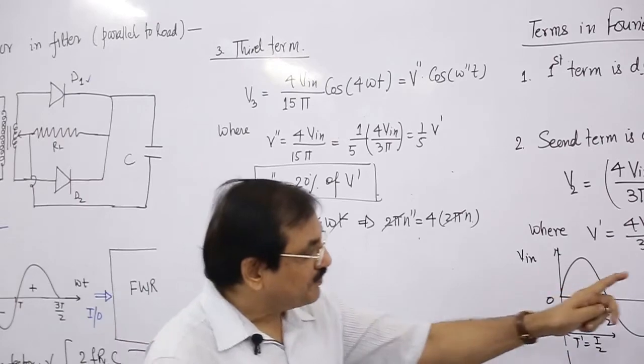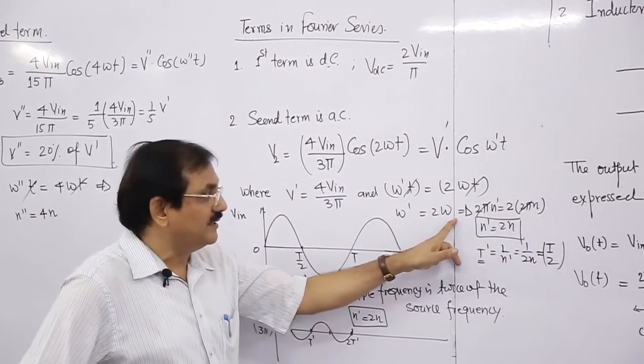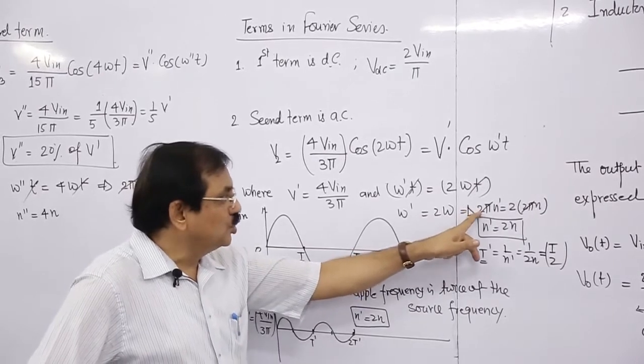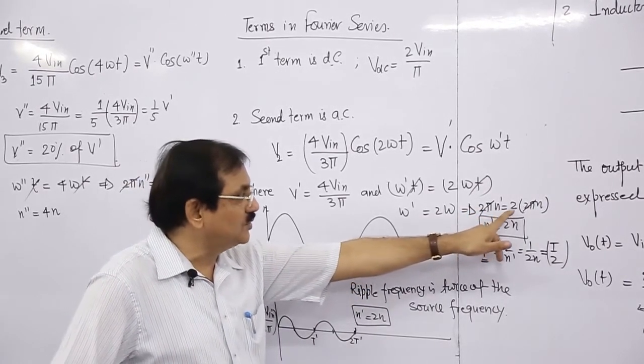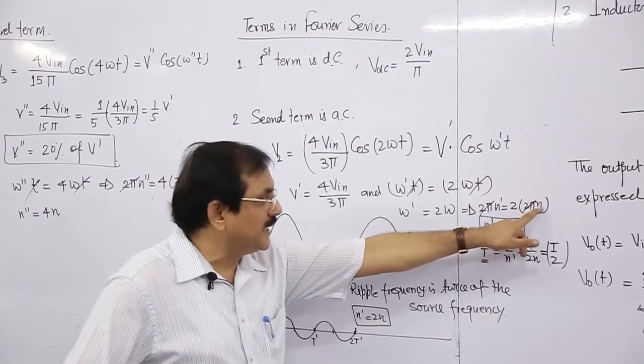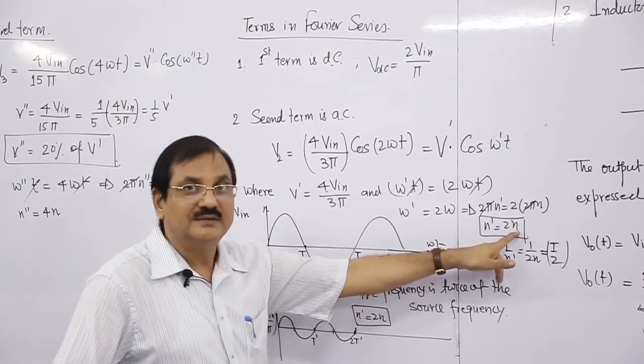You see, omega dash is equal to 2 omega. This implies 2 pi n dash is equal to 2 into 2 pi n, 2 pi cancels, n dash is equal to 2 n.